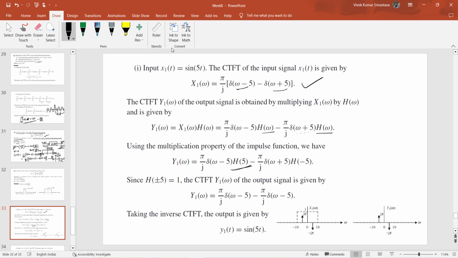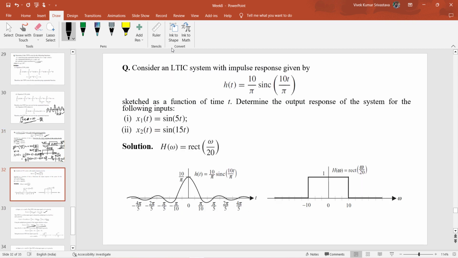If H of 5 is a finite value, then this expression will exist, and if H of 5 is 0, the whole response will be 0. H of omega has a value of 1 from minus 10 to 10, so at minus 5 as well as 5 its value will be 1.